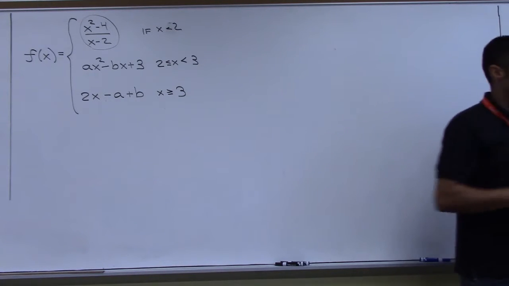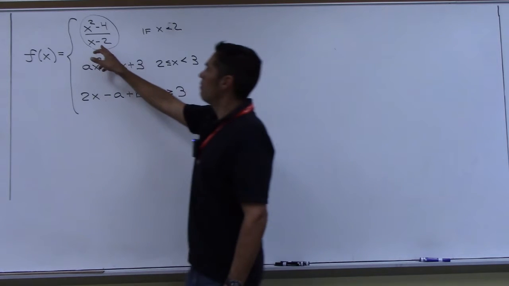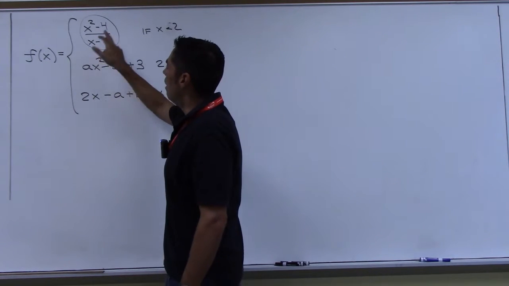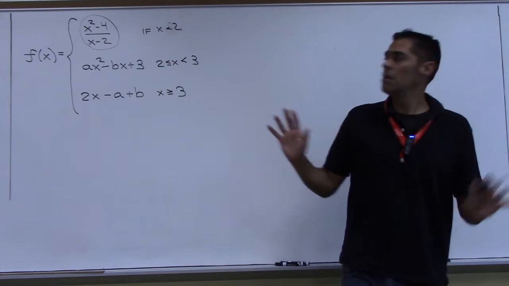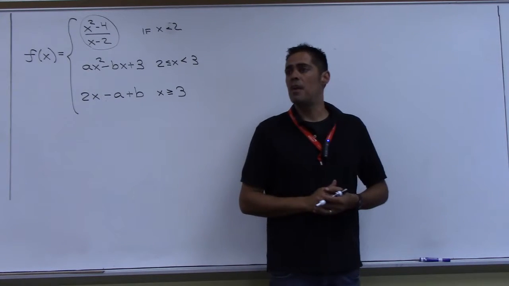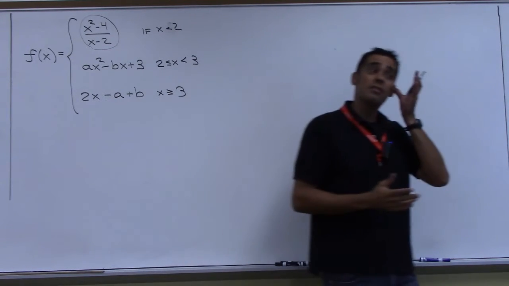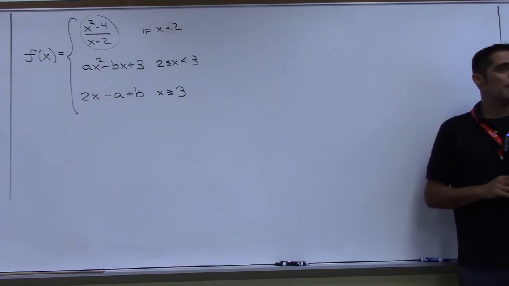The theorem said all rational functions are continuous on their implied domains. This function is actually undefined at 2. But everywhere else, it's continuous, because that's what the theorem says. So everywhere except 2, I should be able to draw it without picking up my pencil.